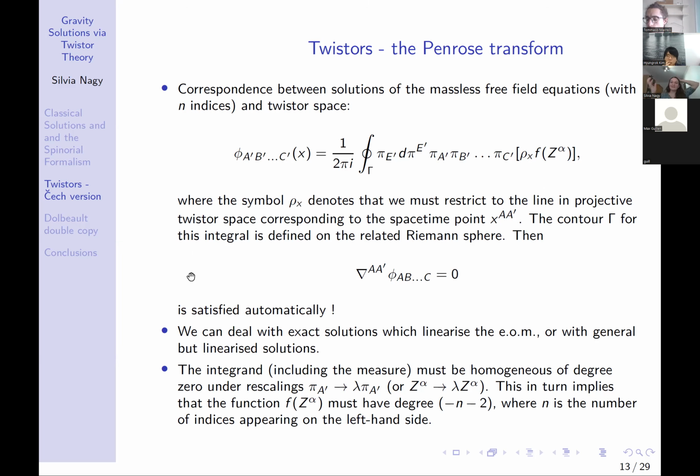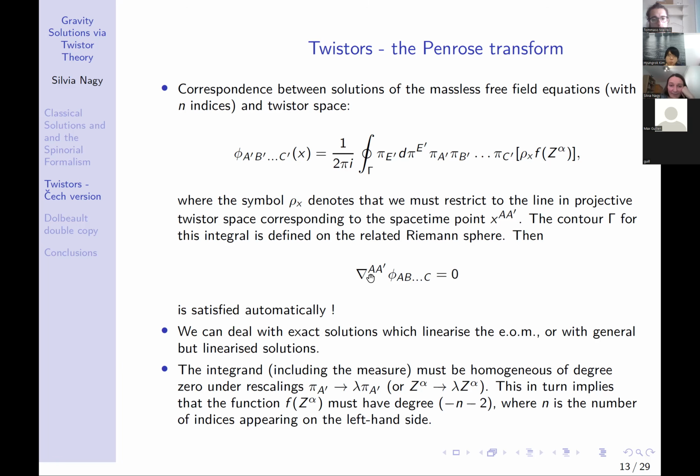Good, so then the nice thing about this, so okay, at first sight, it looks like we've actually made things a bit more complicated for ourselves. Like we've introduced this extra integral here, we've made things non-local. But the nice thing about this is that this object automatically satisfies this equation of motion. So we know that if I find the correct f so that I can write my space-time field like this, it's just a couple of lines of calculation to show that this equation of motion is indeed satisfied.